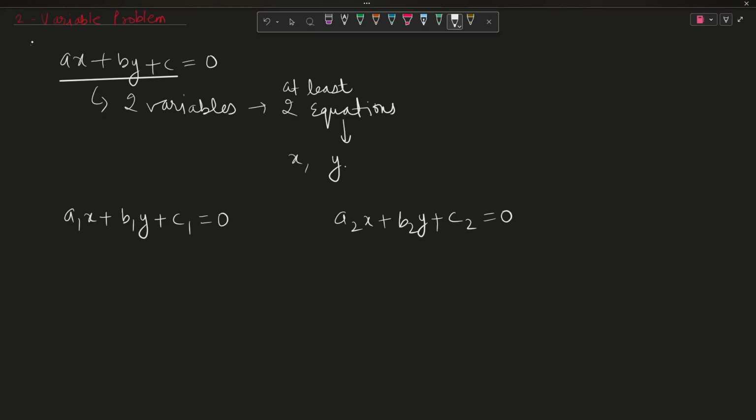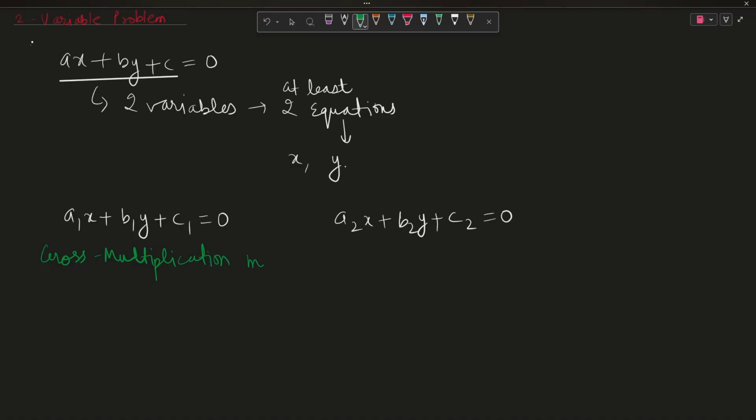Here a1, a2, b1, b2 and c1, c2 all are constants. If these two equations and these two variables are there, then it is not wrong to say that it is very feasible for us to find the values of x as well as of y with the help of the cross multiplication method.